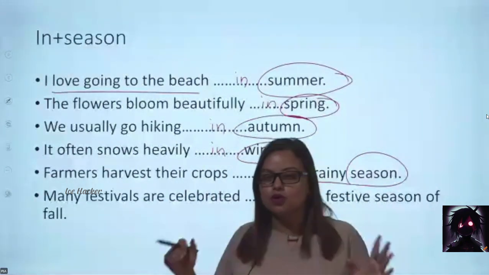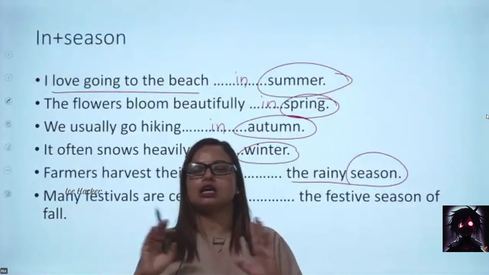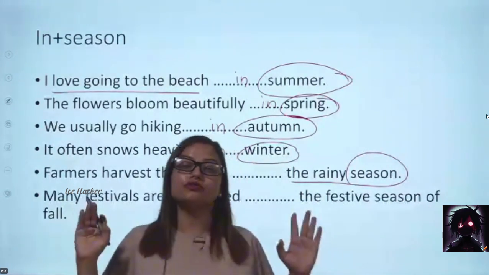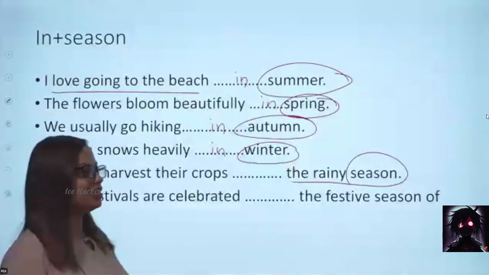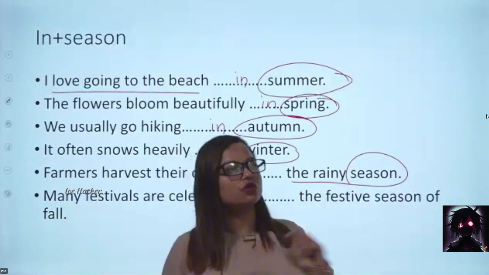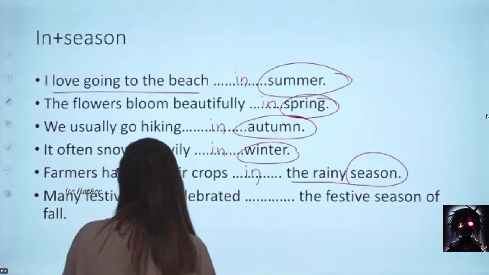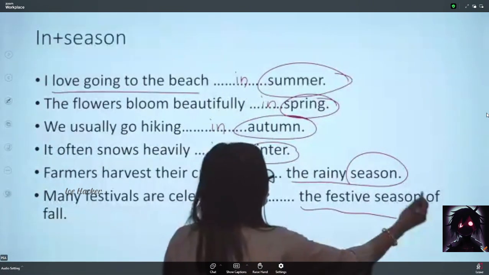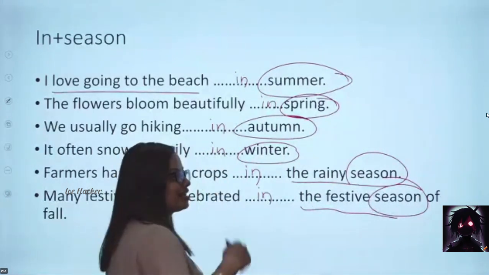So English is full of exceptions. Sometimes the same formula works and sometimes it doesn't work. You need to be very creative. The spring, it doesn't matter, Pawan. Okay? This is spring, so keep "in". Many festivals are celebrated in the festive season. It is talking about season. That's why "in". So it has an exception.